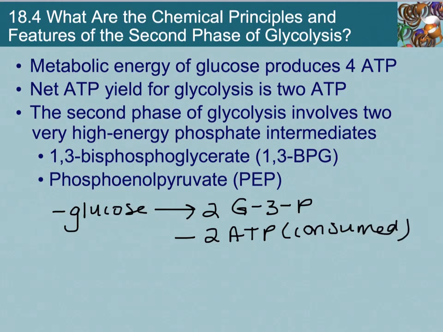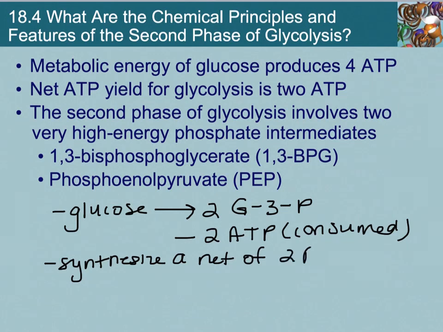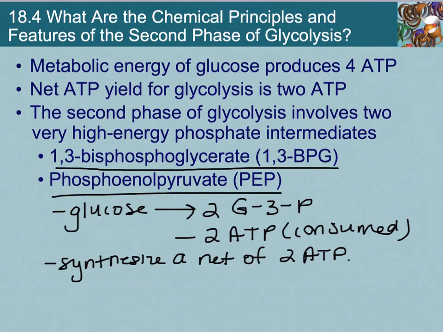In the second stage of glycolysis, we're going to harvest some of the energy contained in glyceraldehyde 3-phosphate, and we're going to use that to synthesize a net of 2 ATP molecules. The second stage of glycolysis is going to involve 2 very high energy phosphate intermediates, 1,3-bisphosphoglycerate and phosphoenol pyruvate.